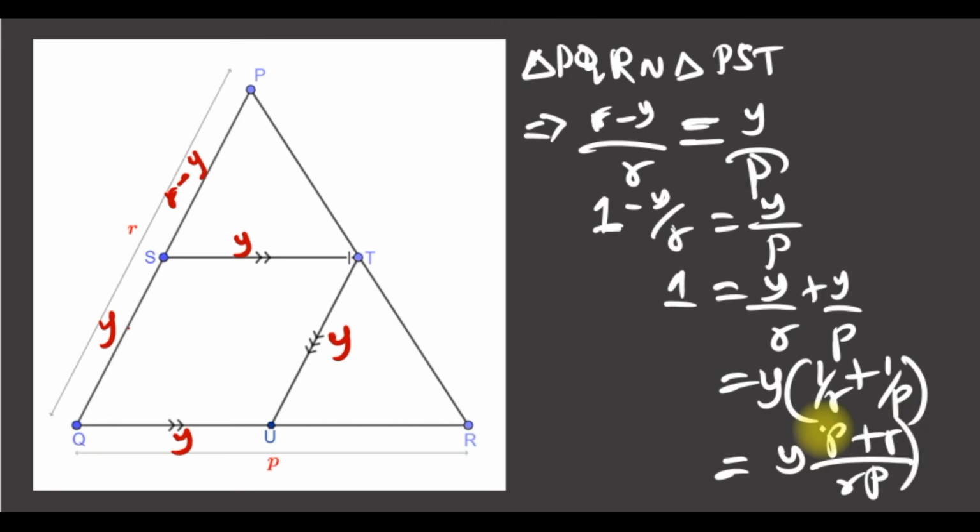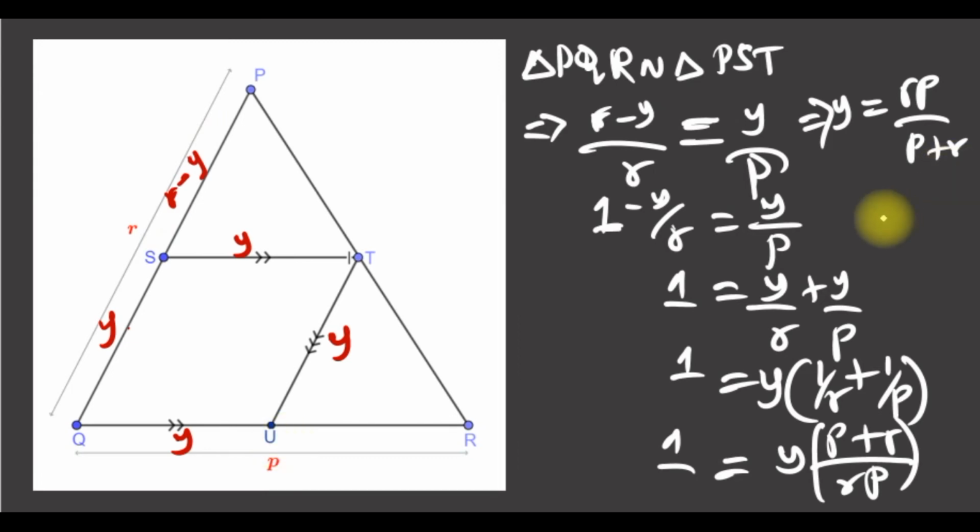Remember this one. So if you solve for y, y is rp over p plus r. So no matter the configuration, if r is here and p is there, they would give the same result.